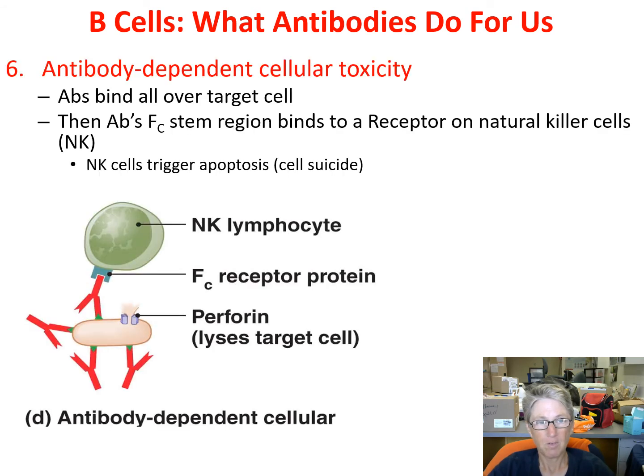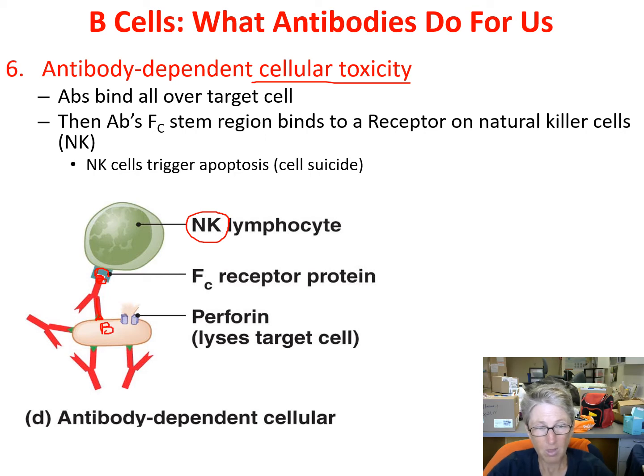Then number 6 is antibody-dependent cellular toxicity. So here's a natural killer cell, a natural killer lymphocyte, and it's got this Fc region receptor protein, so it's binding the Fc region of the antibody, and the antibody happens to be attached to an epitope on a bacterial cell.